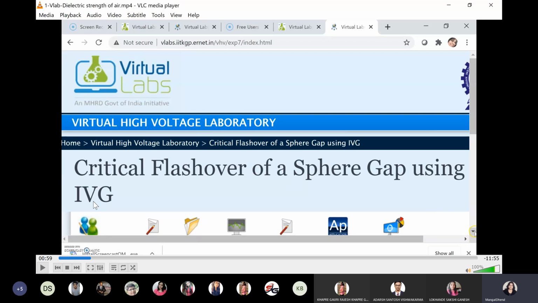Now what is this impulse voltage? In the rainy season you might have seen lightning occur when there is a thunderstorm. That lightning has a waveform similar to an impulse, so that is called impulse voltage. It is generated here in the lab with the help of an impulse voltage generator.